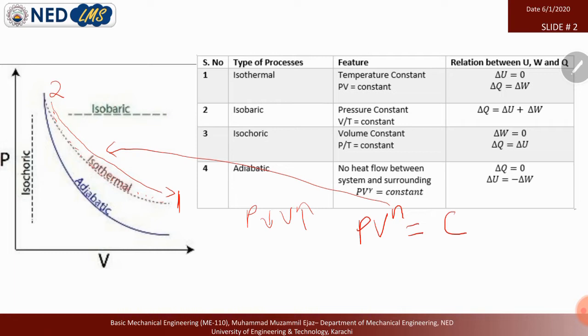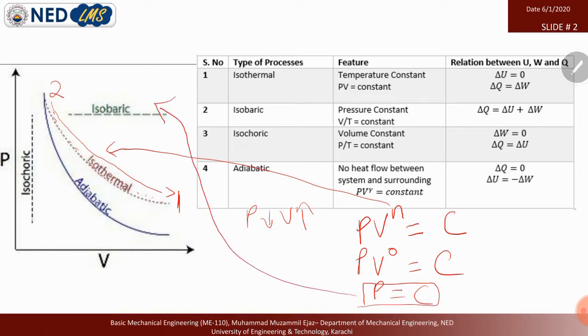If n is equal to 0, we put PV^0 = C, then what happens? Any variable which has a power of 0 is 1. So P = C, the pressure becomes constant. So it becomes an isobaric process.